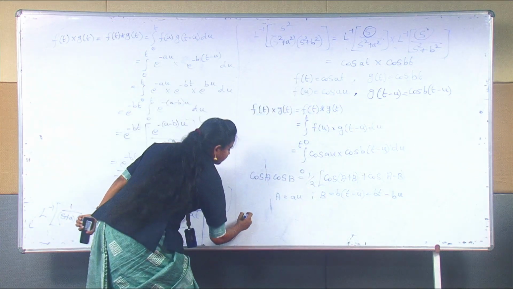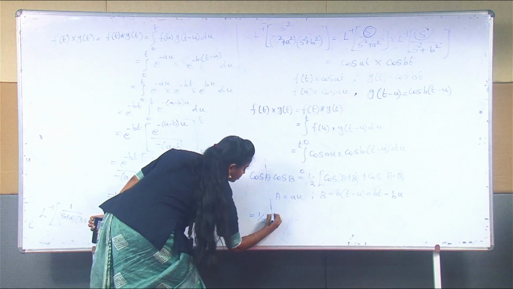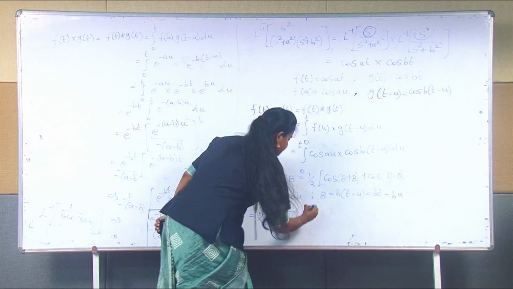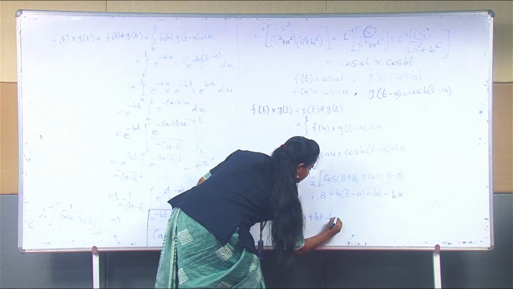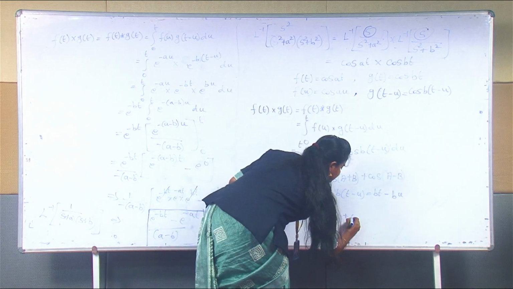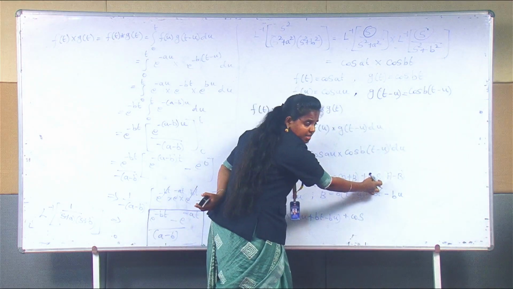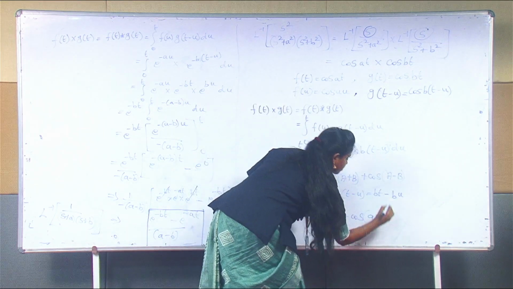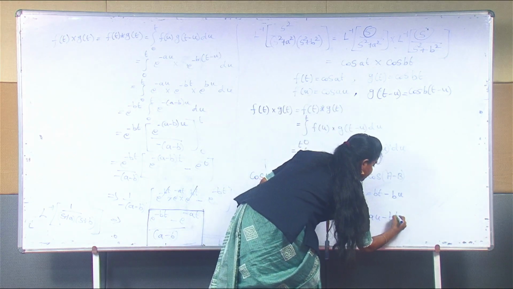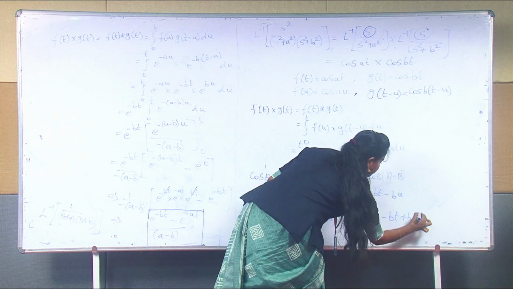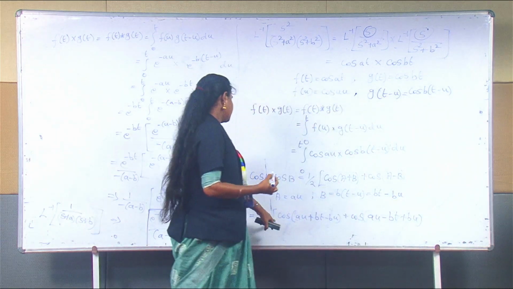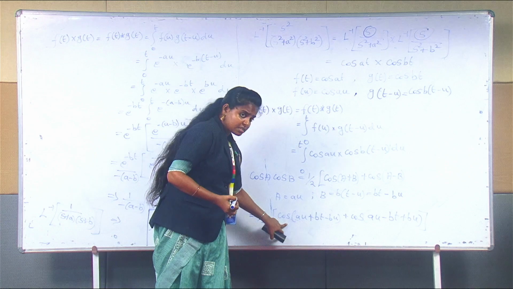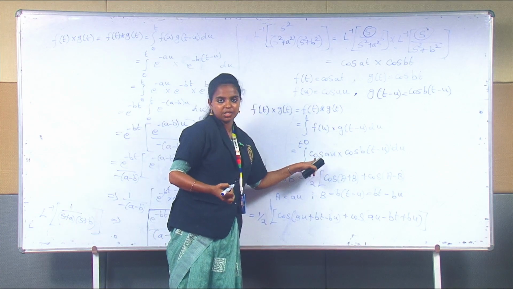We are getting 1 by 2 into cos of au plus bt minus bu, plus cos of A minus B, we have to do here. Cos of A is au minus bt here, minus into minus is plus bu. Okay. So, we have used this formula for this term. So, here this only we are going to use in the integration form.